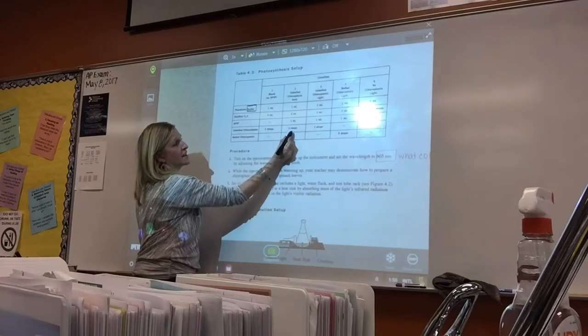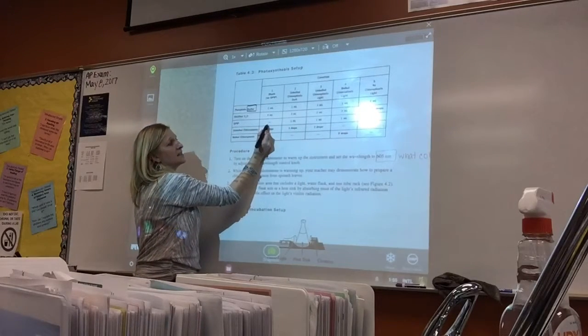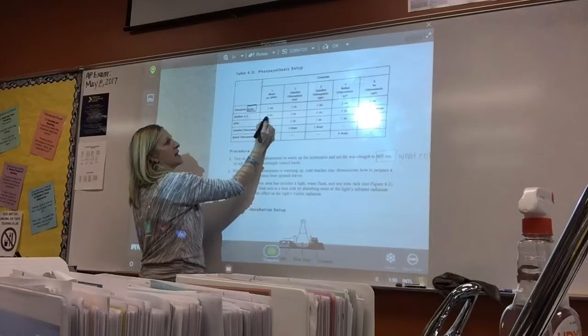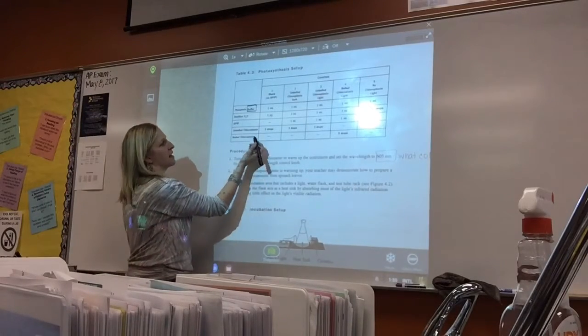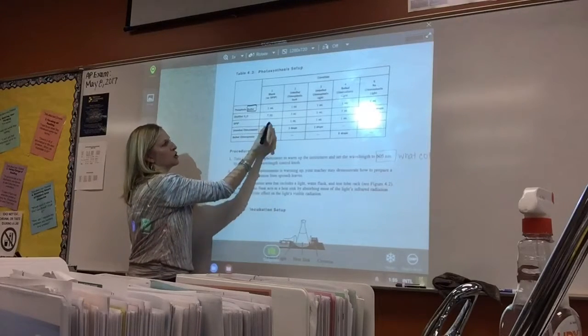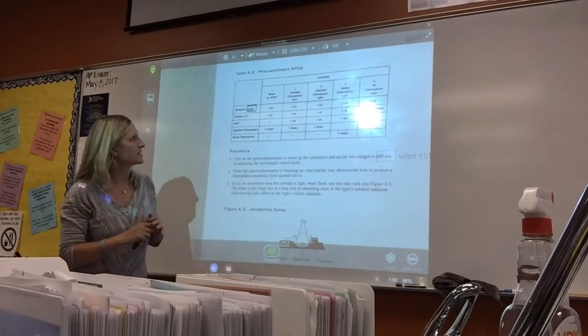But if you notice that each one of these has a milliliter of DPIP, this does not have a milliliter of DPIP. So therefore, to keep the volume the same in all the cuvettes, they added a milliliter of distilled water, all right, to keep the volume the same, and then 3 drops of unboiled chloroplast. And so there's no DPIP here, and the only one that gets boiled chloroplast is this one.